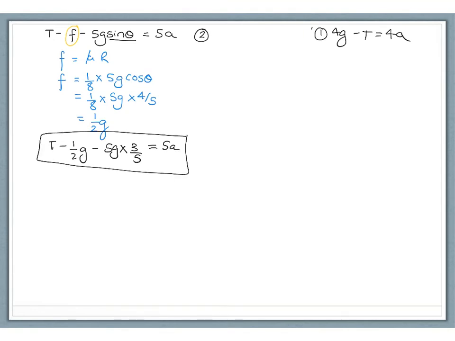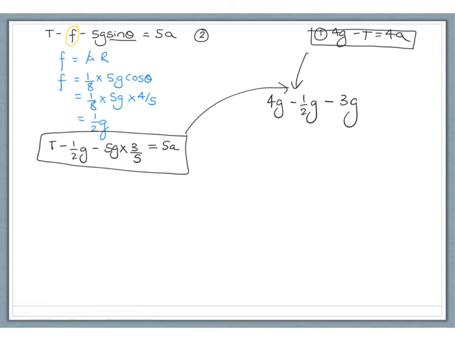If we take this equation and this equation together, dealing with them simultaneously, and add them, we will see that the plus and minus T cancel, and we are left with 4g minus 1/2 g minus 3g equals 9a. From here, you can work out that the acceleration is 0.54 recurring meters per second squared, and that's the answer to part A.